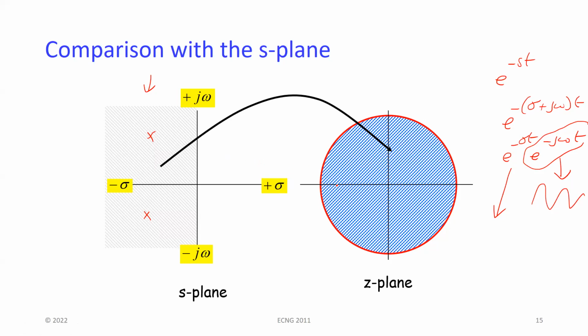This bit of mapping, not to worry about it, but you're going to meet it in control systems, especially advanced controls, where they take a continuous time system and sample it to make a discrete time one. So you will meet this comparison between the S-plane and the Z-plane at some point.